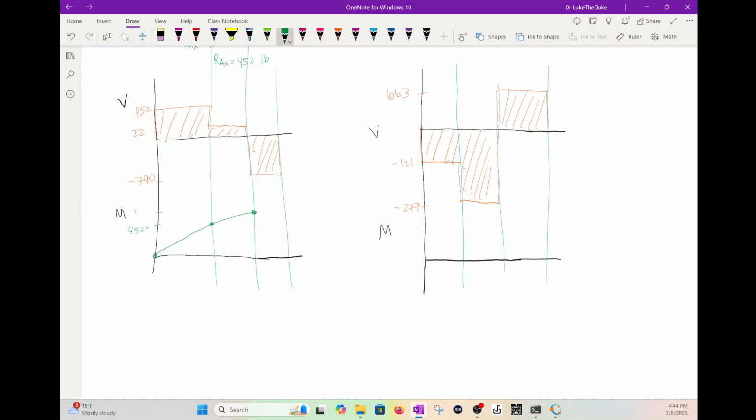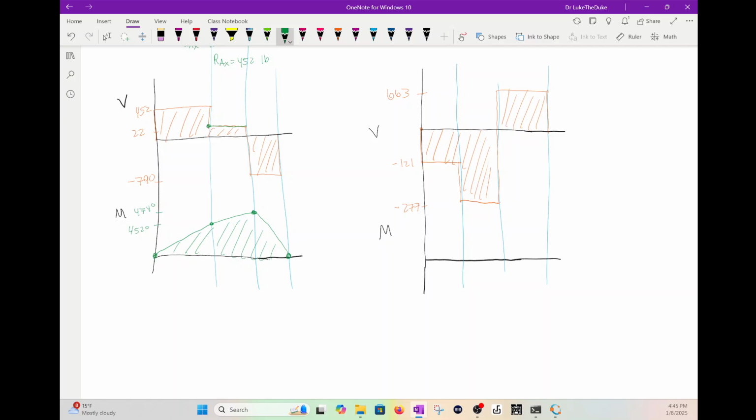And that is 4740, right? Because that's going to be 22 times 10 added to 4520. Let me start it again. It's 22 times this distance, which is 10, and you're going to add that to 4,520 to get up there. Okay. Then it's going to go right back down to 0.